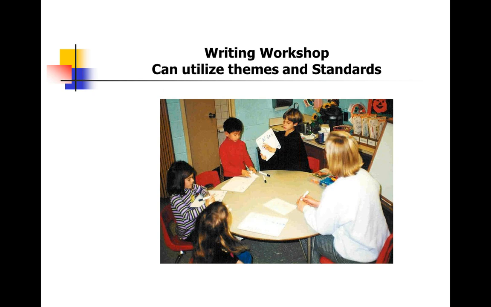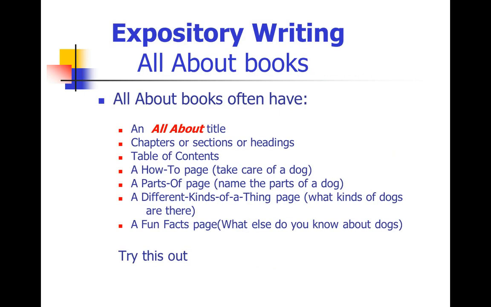At some other time during the day, because the children have been intensely and explicitly involved, there will be writing workshops. And again, you can utilize your themes and your standards. So you might be doing something like expository writing, which is in the writing standards section, where children are learning how to write an expository text and all about book.